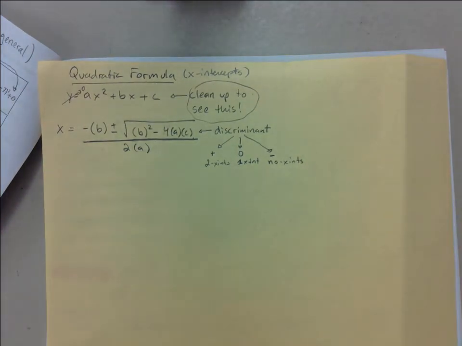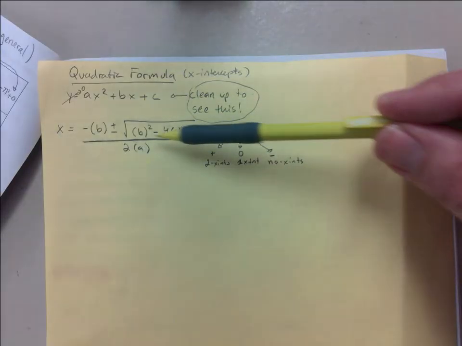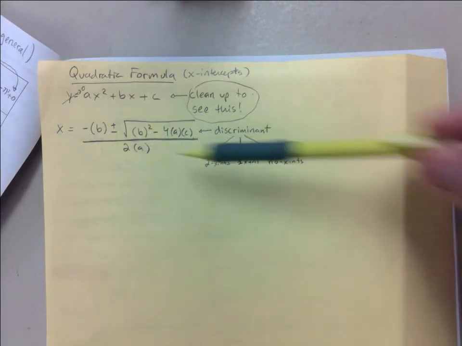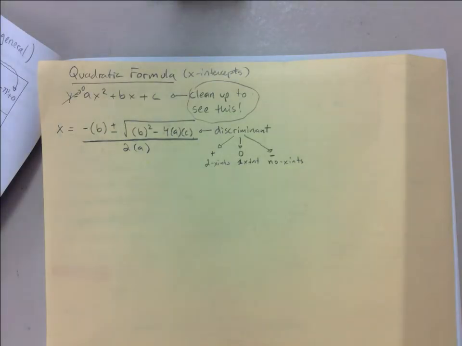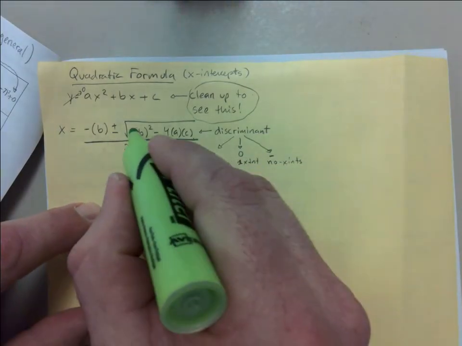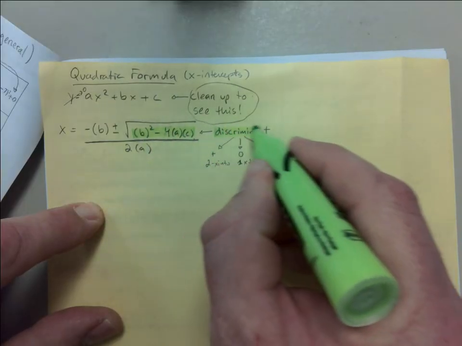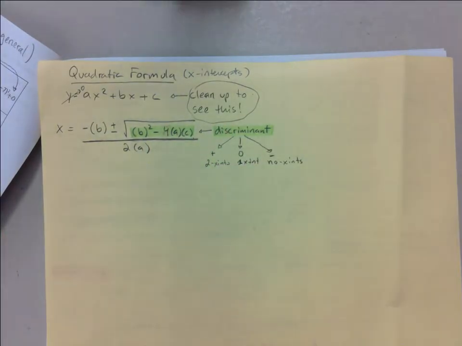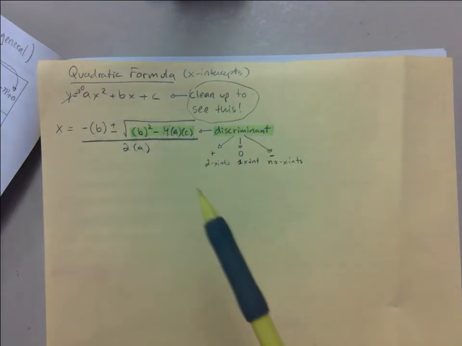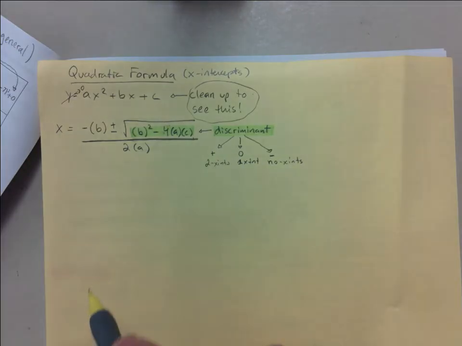If you plug in numbers and get a negative inside this root, you know you're not going to have x-intercepts. This will never cross the x-axis. You can confirm this with your graphing calculator. Whatever you get inside the root is called the discriminant, and it tells us how many x-intercepts there are.